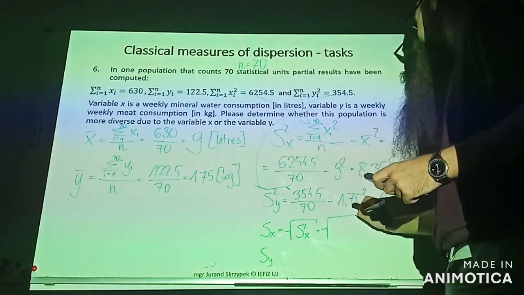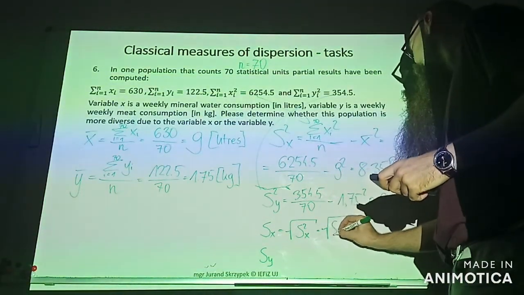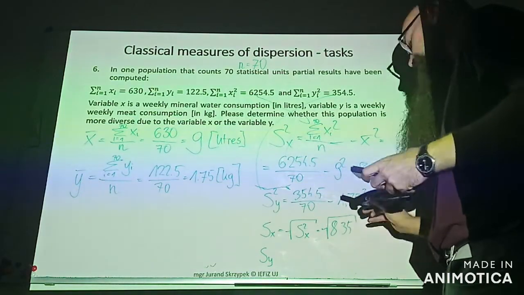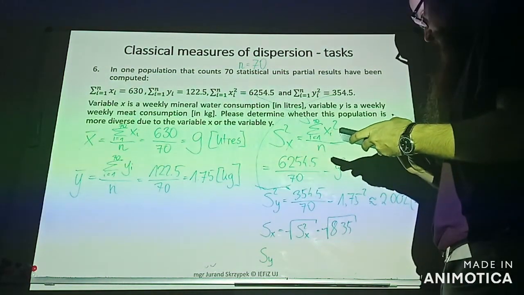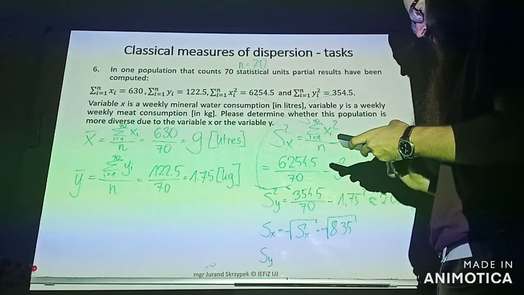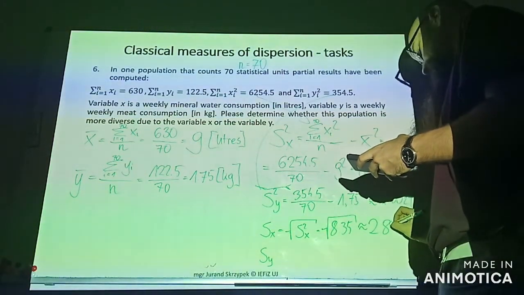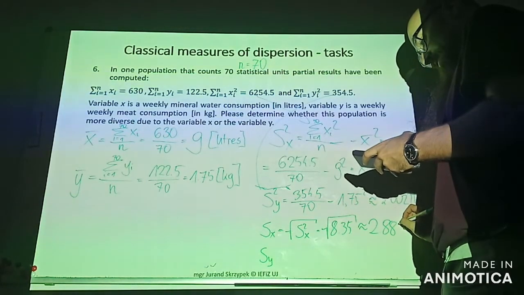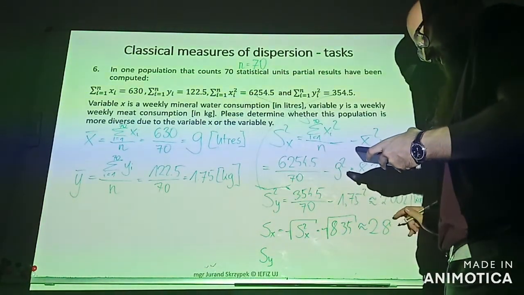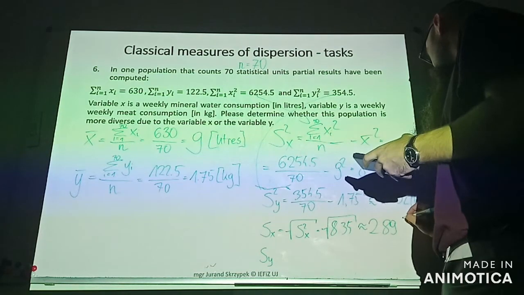In our example, it's the root of 8.35, which is approximately 2.89 liters.